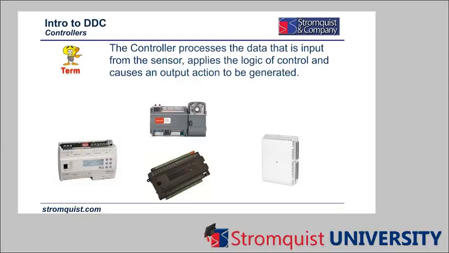EasyIO is a company you've probably never heard of, but you guys have, in your buildings, probably all had something from EasyIO in it, because they make a piece of software that we're going to go into in a little bit, that a lot of manufacturers, or contractors I should say, end up getting from EasyIO. But what makes this so neat is it's a 32-point I/O controller, which is a lot of I/O, and it's capable of doing its own graphics, its own scheduling, its own alarming, its own trending. So essentially, it's a full-blown system all in one little controller.